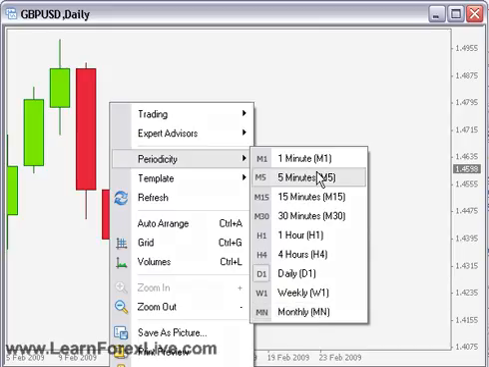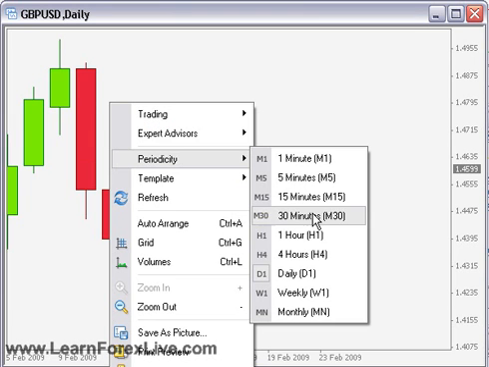Obviously, if you are a scalper, you'll be plotting your charts on the 1 minute and 5 minutes time frame. If you are an intraday trader, you would probably be picking the 15 minutes, the 30 minutes, and the 1 hour time frame. If you are an intra-week trader, meaning you will be taking 1 trade per week, probably your time frame of choice would be the 4 hours time frame, maybe the daily, somewhere between the 4 hours and the daily.